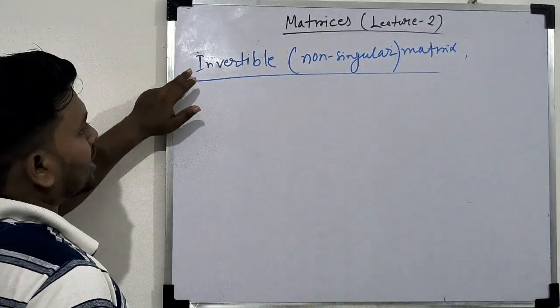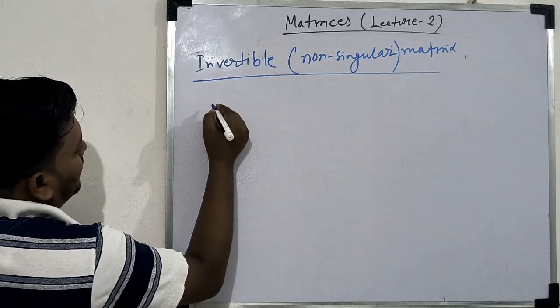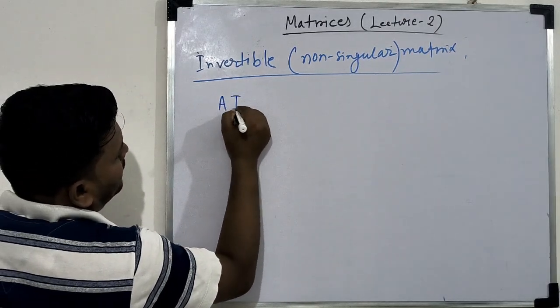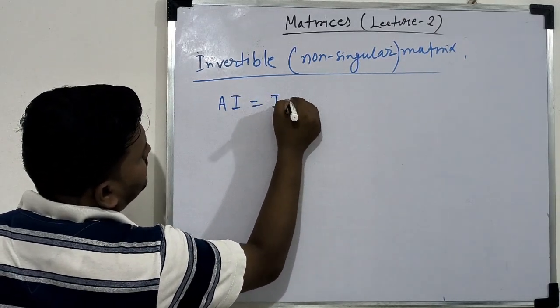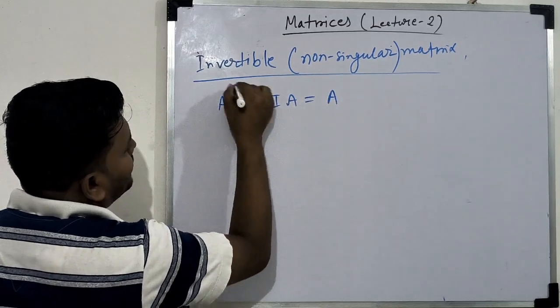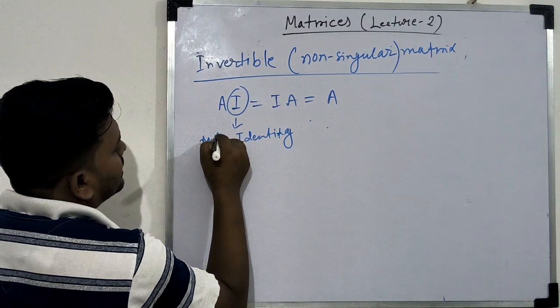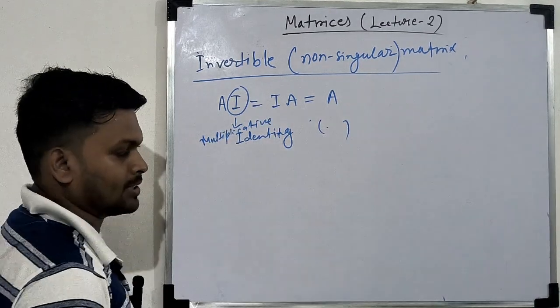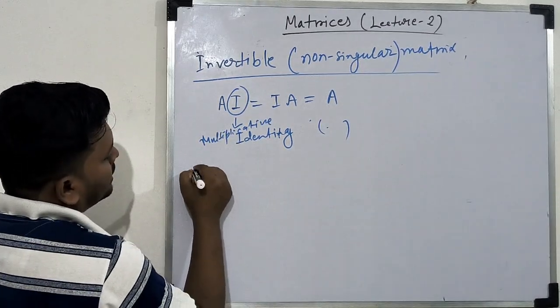Now we discuss the invertible matrix. We see that A into identity matrix and identity matrix into A equal A. So here I is the multiplicative identity in matrix multiplication. And what is an invertible matrix?